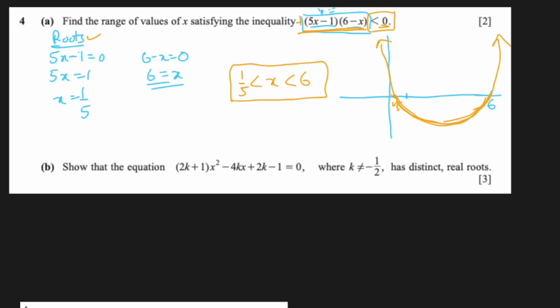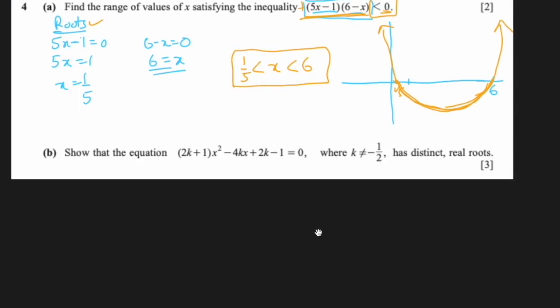Okay, what about the second part? Show that the equation, okay, something new. Show that this equation is equal to 0, where k is not negative half, has distinct real roots.